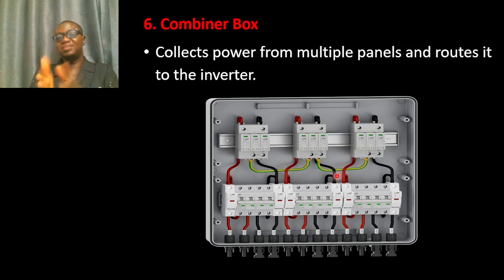It is the same thing we do with the breaker box at the end, but this one is more advanced and makes the work easier, and lets you trace any defective panels easily. That's why the combiner box is very useful and important, and it makes work neat and simple to troubleshoot.